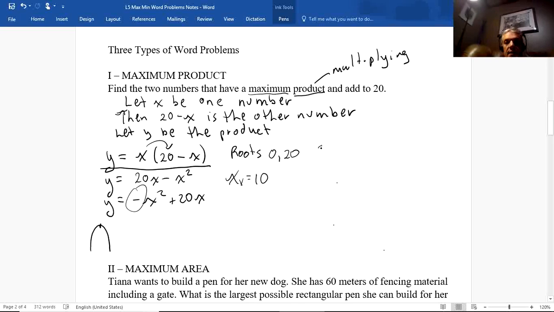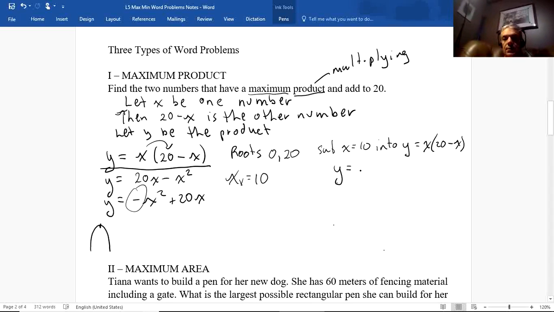If I sub x equals 10 into y equals x times 20 minus x, I get y equals 10 times 20 minus 10. 20 minus 10 is 10, and so y equals 100.